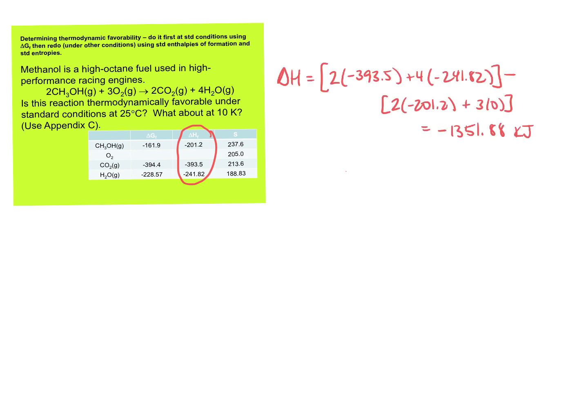So if you did this correctly, you would have gotten negative 1351.88 kilojoules, because delta H is usually measured in terms of kilojoules per mole.